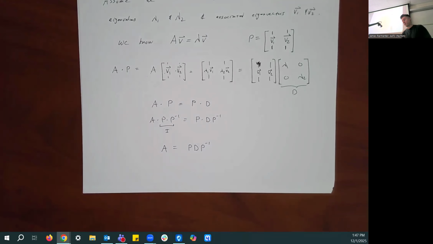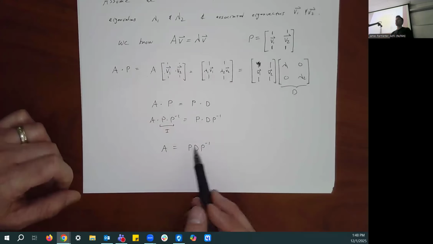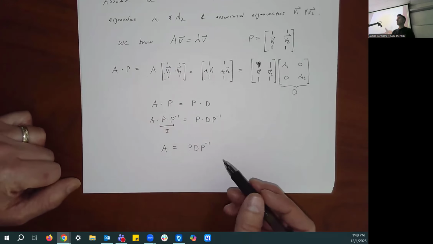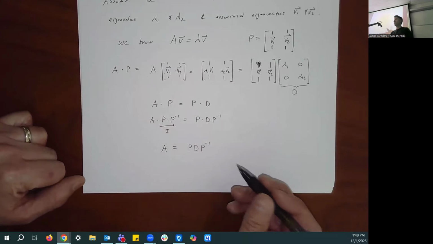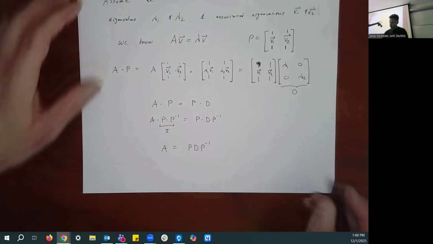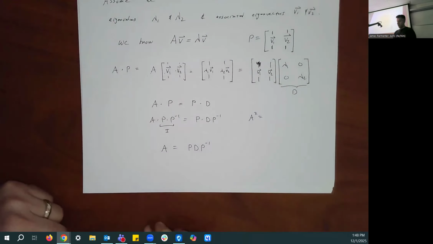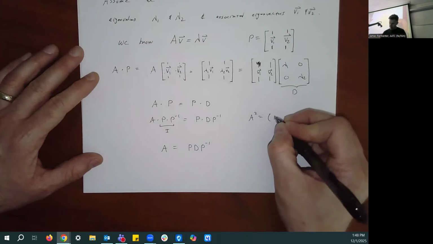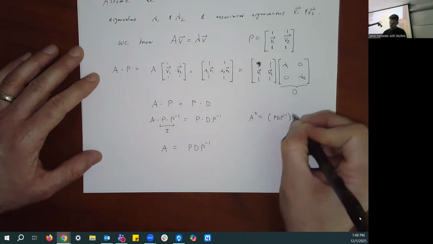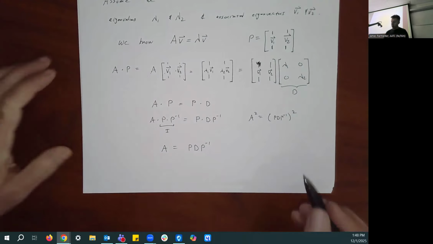Here's why it's useful. This matrix over here is much, much easier to raise to a very, very high power. What do I mean by that? Well, if I look at, for example, A squared, A squared is just PDP inverse squared. And when you square something, you just multiply it by itself. So look what happens.